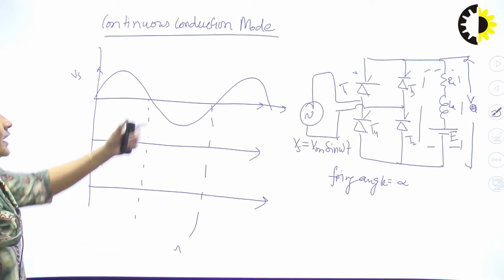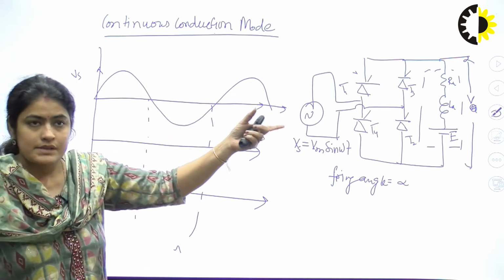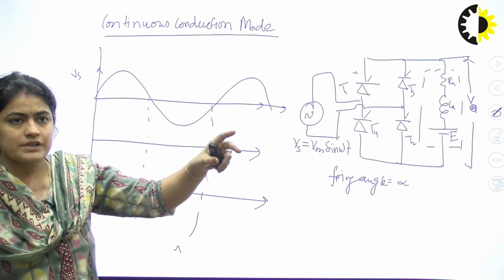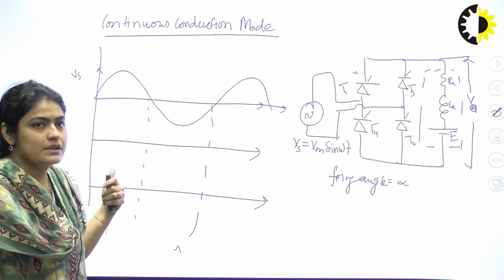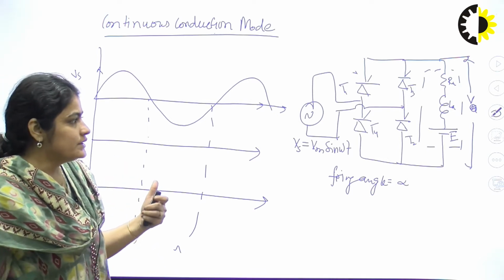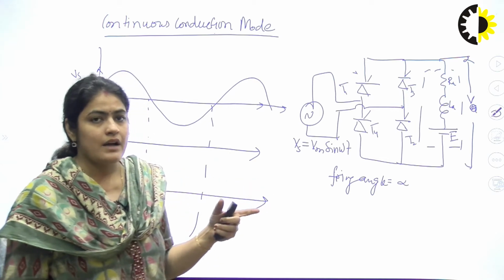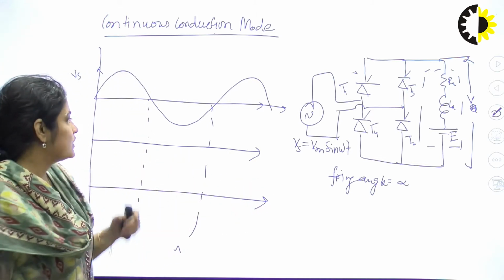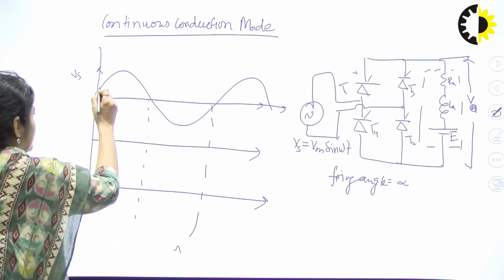We assume continuous conduction mode. The second condition, discontinuous conduction mode, we will also consider, but first we have considered continuous conduction mode. Continuous conduction mode means the inductor value is very large and the current is continuous throughout the operation of the motor or the DC drive system, right?